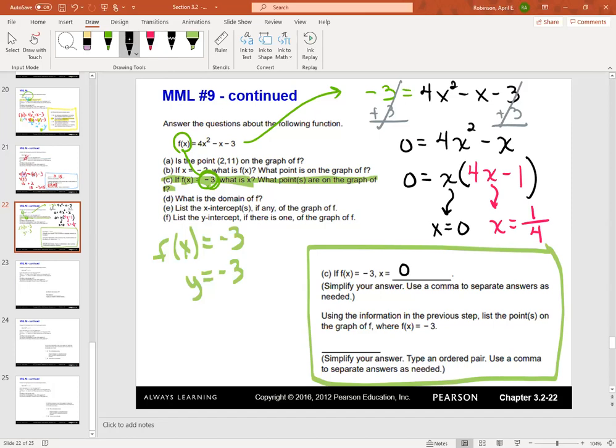So I would put 0, comma, 1/4. And then using the information, list the points on the graph. So these are my x coordinates, right? So my 2 points are going to have the same y coordinate, which was the -3. But I'll put the 0 here and the 1/4 there.